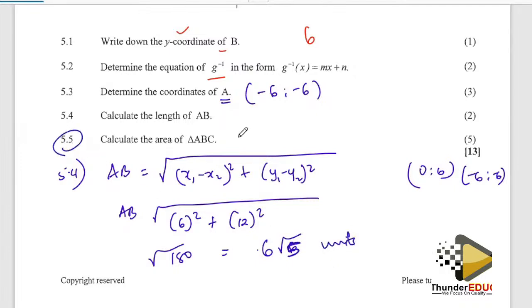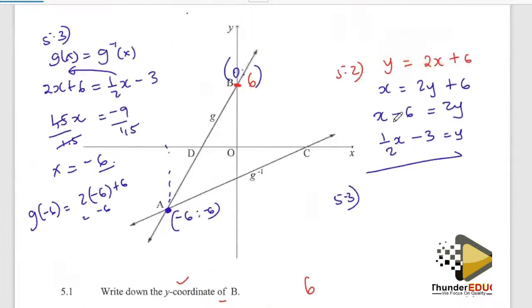Then 5.5, they want the area of A, B, C. Let's see if I connect that. Do I need an angle of inclination? You see this is 6 root 5.